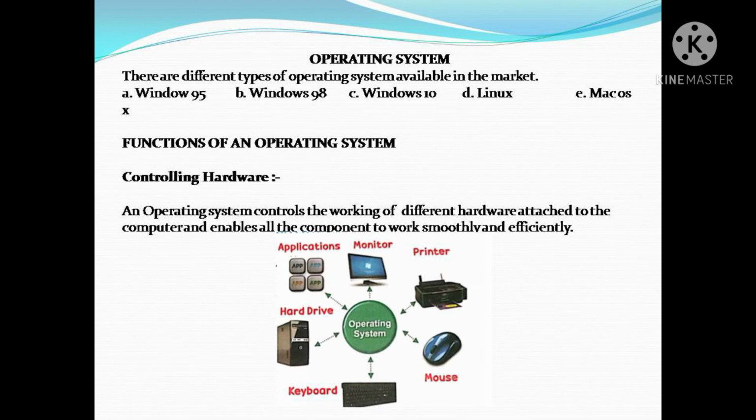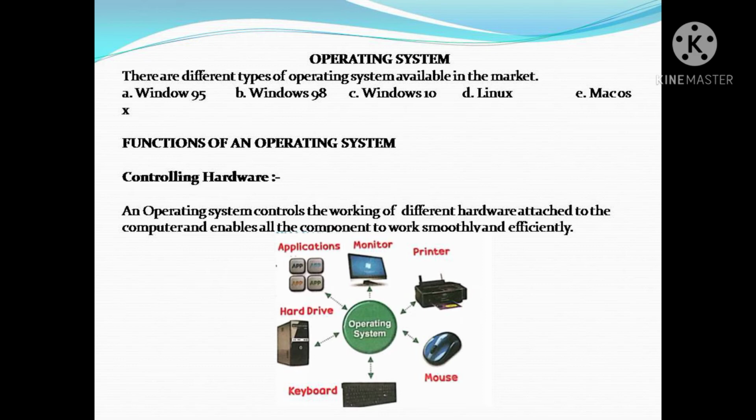Some of the operating systems are Windows 95, Windows 98. Nowadays we are using Windows 10, Linux is there, and Mac OS X is also there. Right now, which operating system are we using? We are using Windows 10.